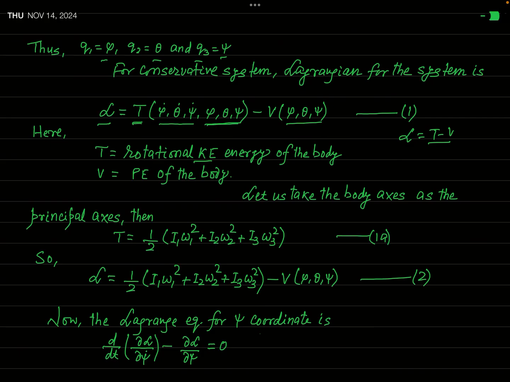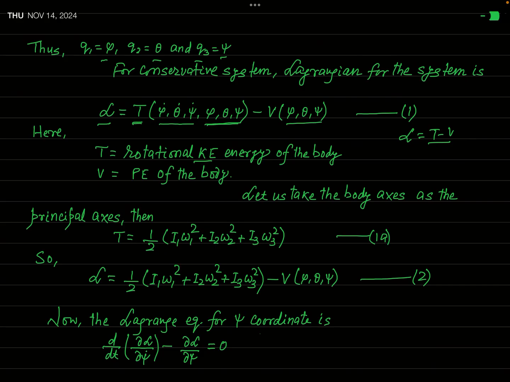Now, for our discussion, since the body is rotating about a fixed point situated in the body, and we consider an instantaneous axis passing through that point, as you have learned earlier, it will be more convenient to discuss the motion in the body set of axes.